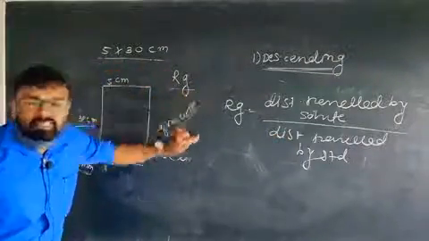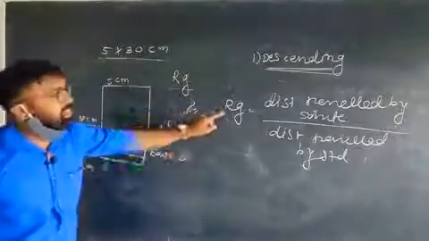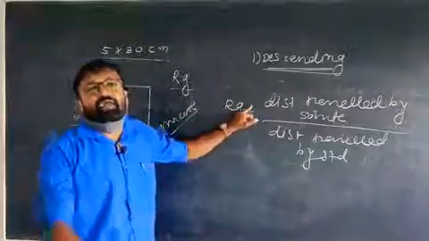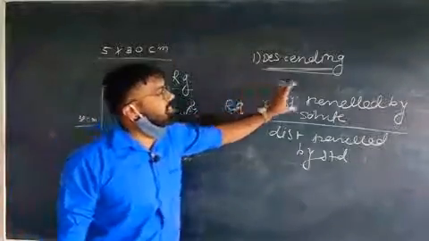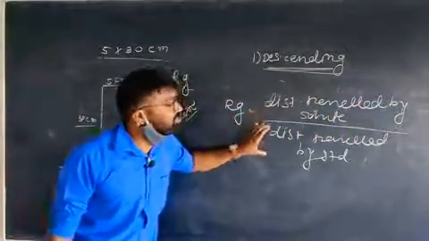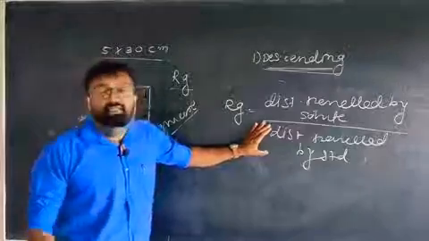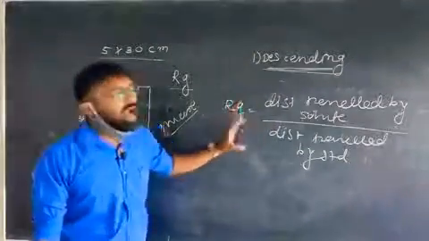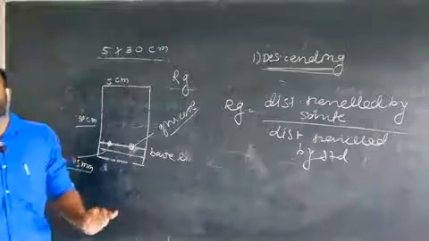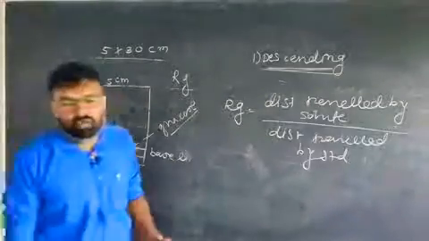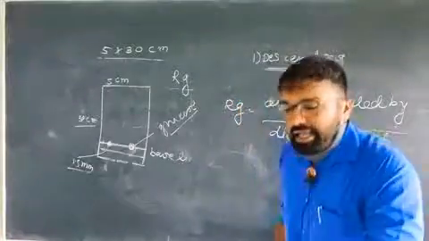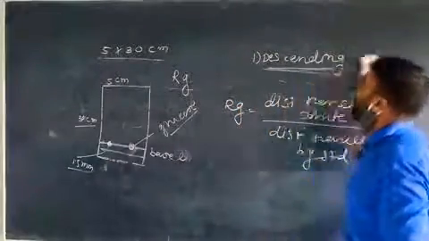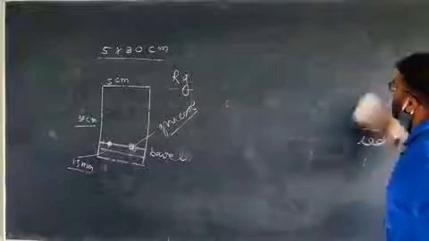By taking the ratio of the distance traveled by the solute from the baseline to the distance traveled by the standard from the baseline, we get the RG value, and it is used for identification purposes. In two-dimensional paper chromatography, actually this is not used much.